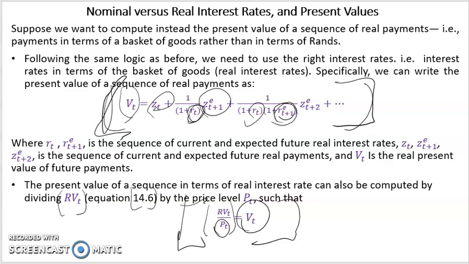One way is to compute it as the present value of a sequence of payments expressed in rand, discounted using the nominal interest rate, and then divided by the price level today. The other way is to compute it as the present value of a sequence of payments expressed in real terms, discounted using the real interest rate. And you will see that the two ways give you the same answer.